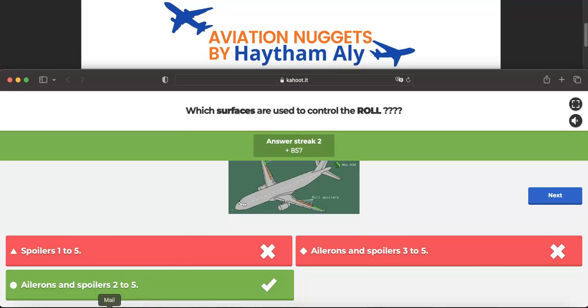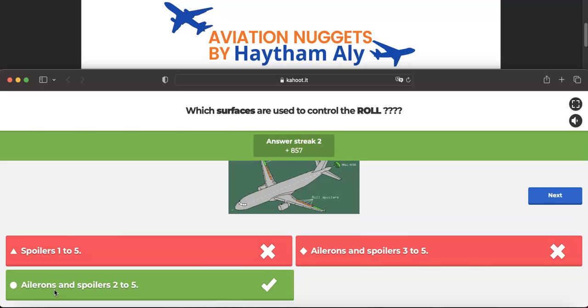So the right answer is spoilers 2 to 5 plus the aileron on each wing. So what about the speed brake spoilers? Spoilers 2 to 4 are speed brake spoilers. So spoilers 2, 3, and 4 may do roll function and may do speed brake function.